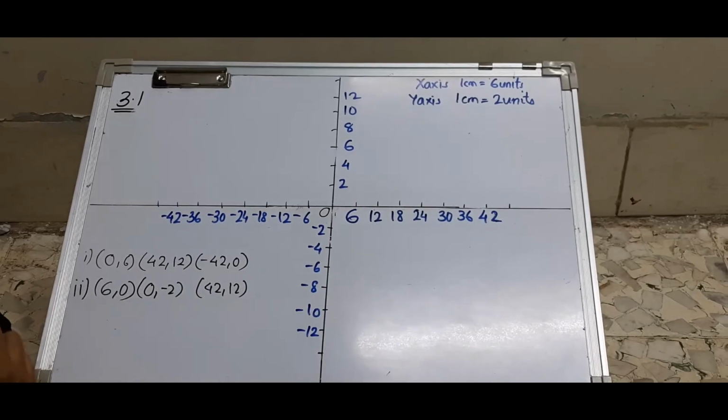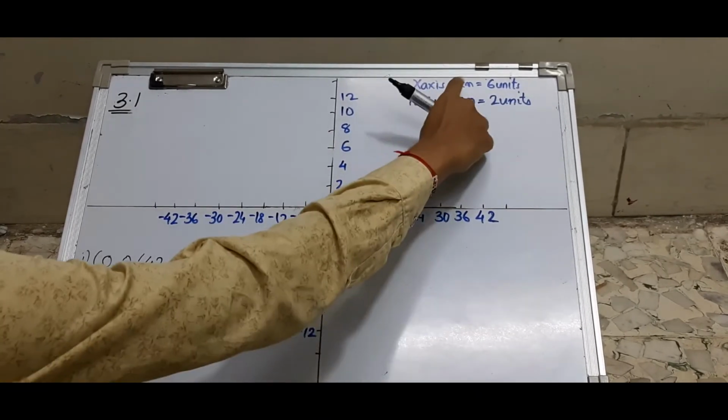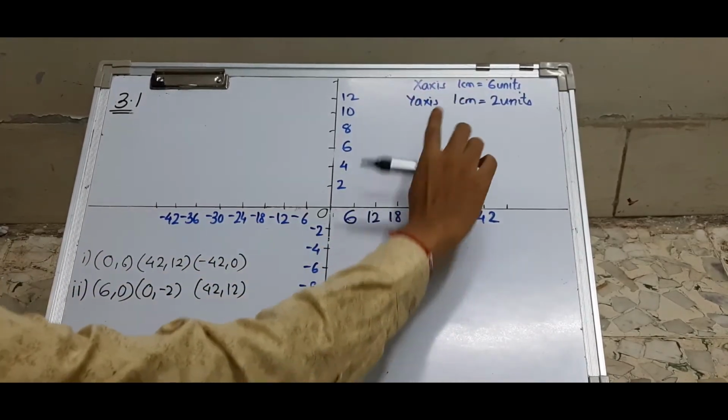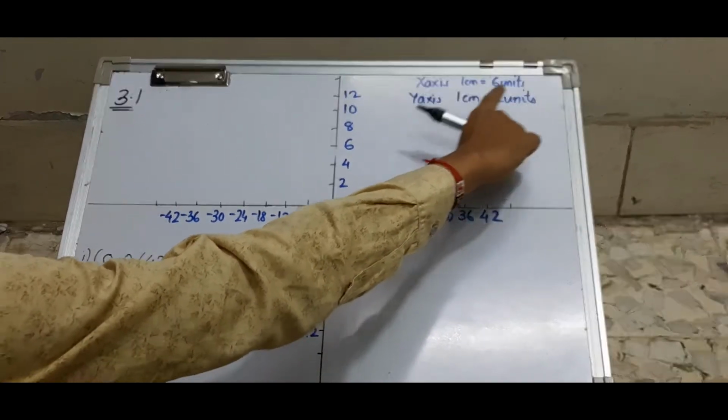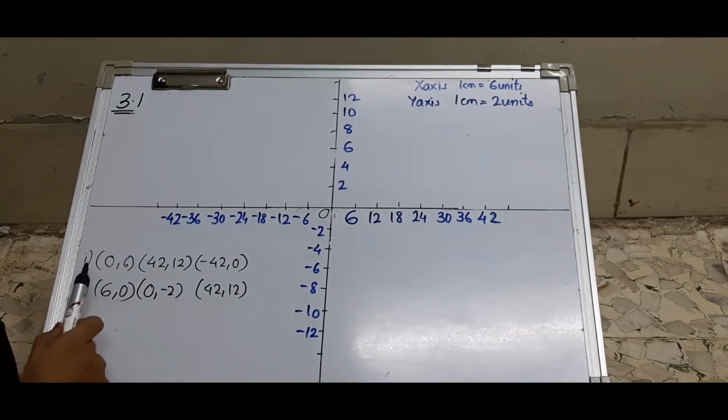Let's plot the graph of the same equations. The board is small, so I have taken 1 centimeter as 6 units on the x-axis, and on the y-axis I have taken 1 centimeter equal to 2 units. Scale is very important. The first equation had the points 0, 6.